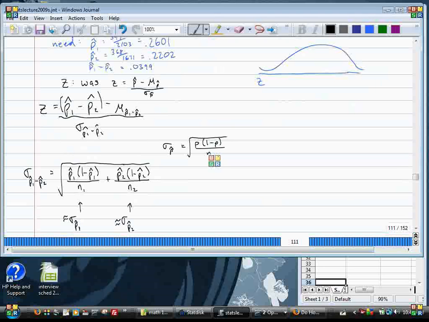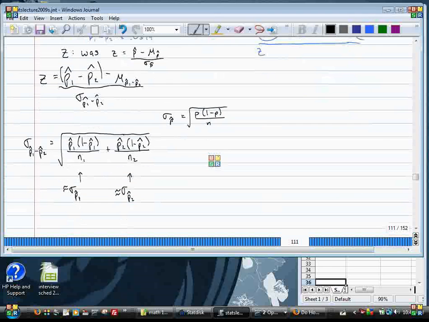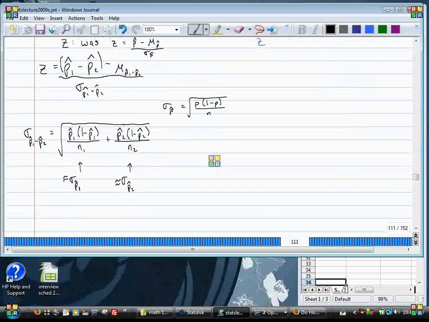Okay. So now let's go ahead and calculate it in this problem. So sigma of p1 hat minus p2 hat equals, let's fill in all the numbers.